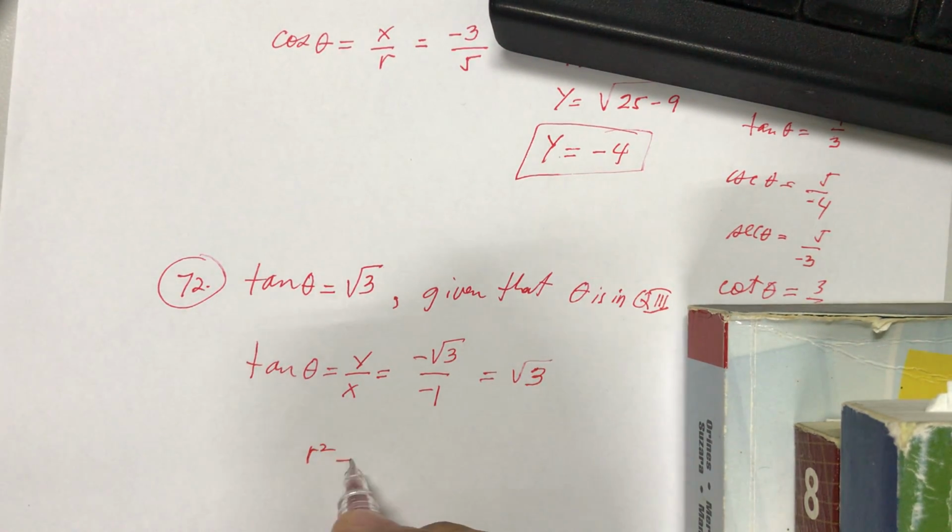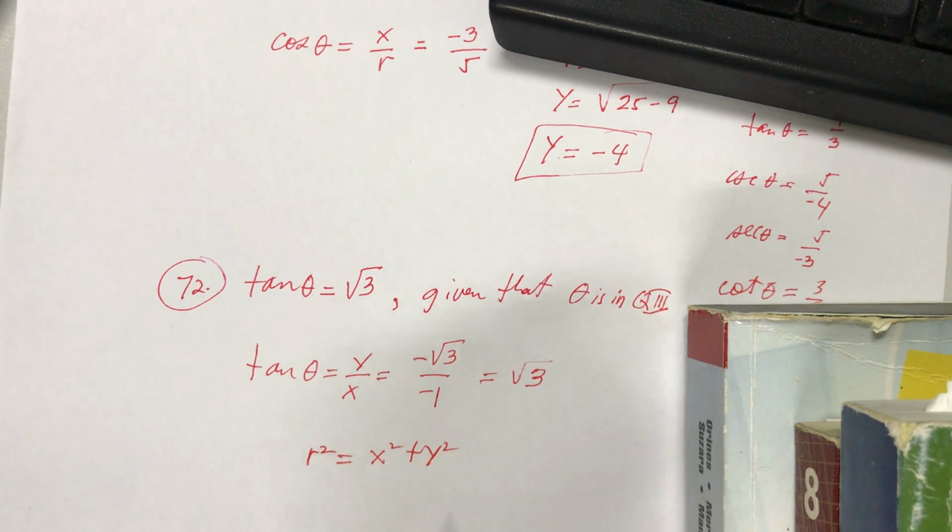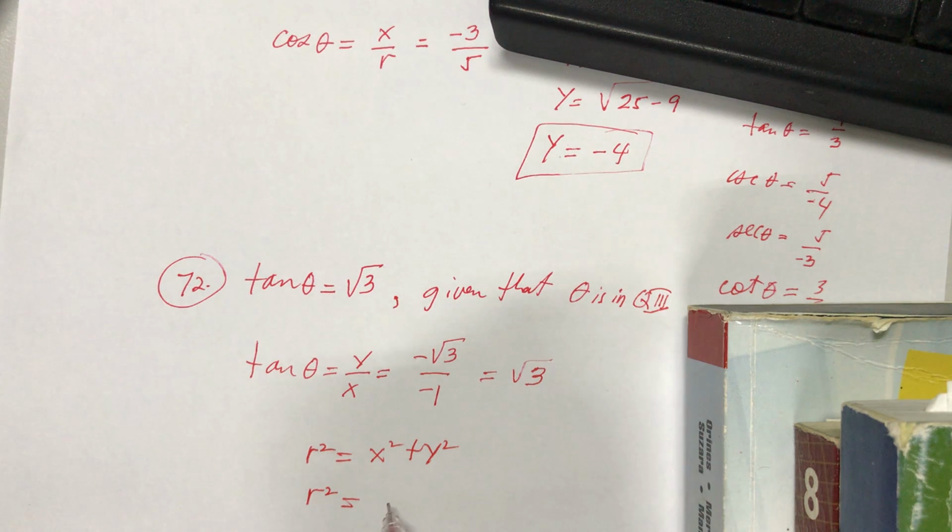So r squared, which is x squared plus y squared, would then be 1 plus 3. The square of negative 1 is 1. The square of negative square root of 3 is 3. The sum of 1 and 3 is 4.